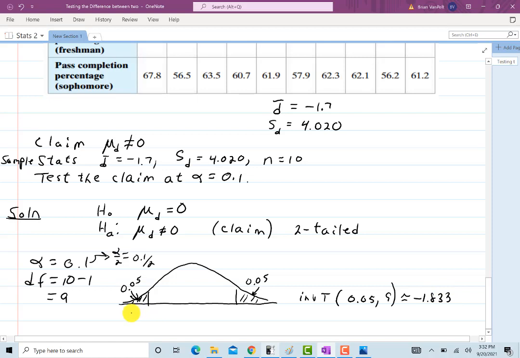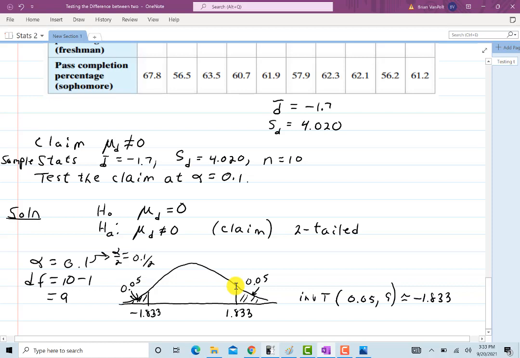Now the beauty of this distribution, though, is that you know the other value is positive 1.833. Alternatively, if you wanted to get the 1.833 on your calculator, then what you're going to have to do is specify the area all the way up to it, which is 0.95.